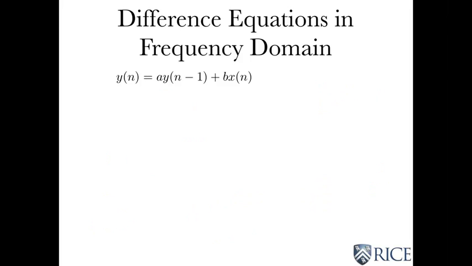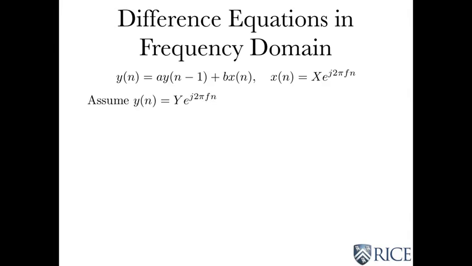Okay, so let's think about what this filter is. We know how to compute it, we can plot it, but what kind of filter is it? And that, of course, means we have to hop into the frequency domain. To determine what the filter is, we're going to do exactly the same thing we did with analog circuits. I'm going to assume the input is a complex exponential at some frequency f having a complex amplitude of x.